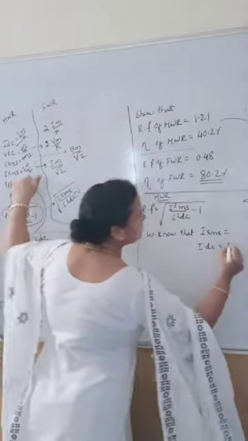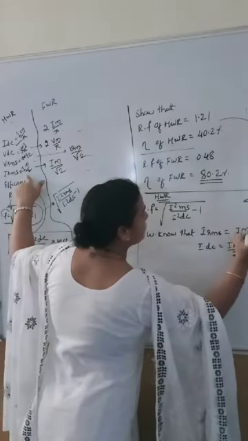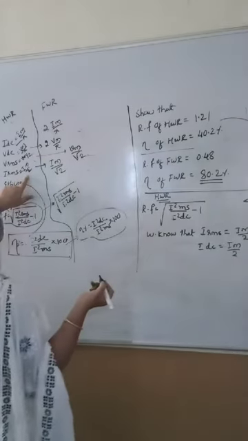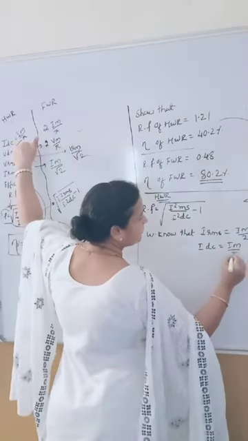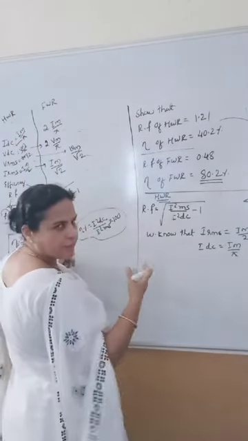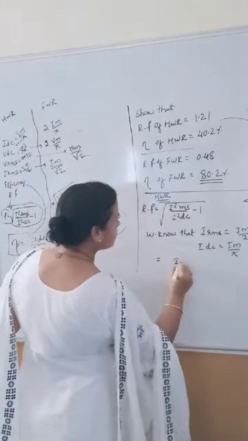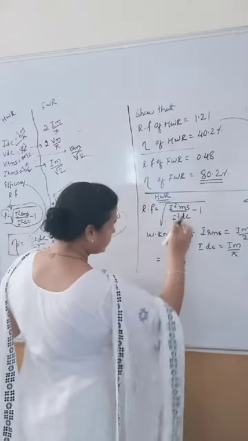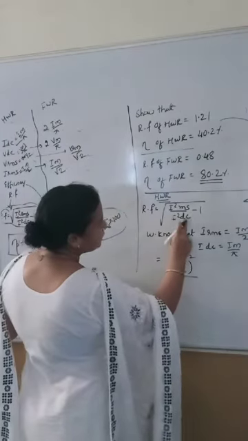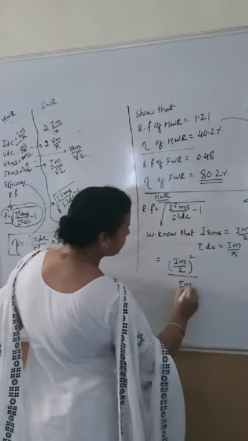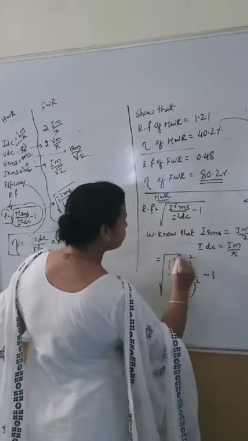So you can write here, we know that IRMS is equal to IM by 2 and IDC is equal to IM by pi for a half wave rectifier. Substitute these values back. I square RMS is IM by 2 squared, divided by I square DC, where IDC is IM by pi, squared, minus 1 under root.